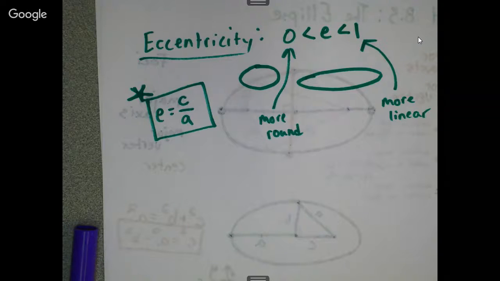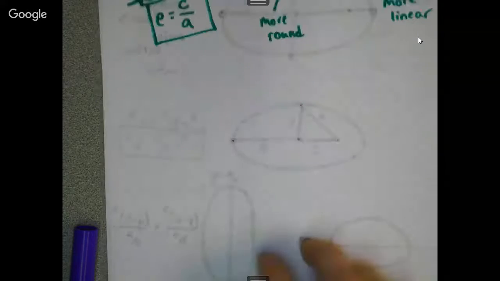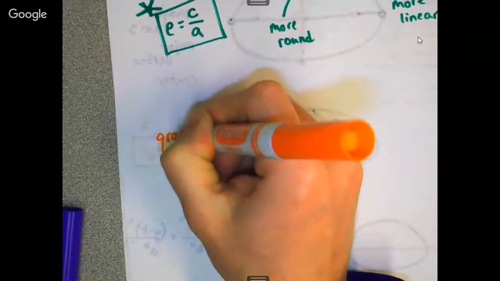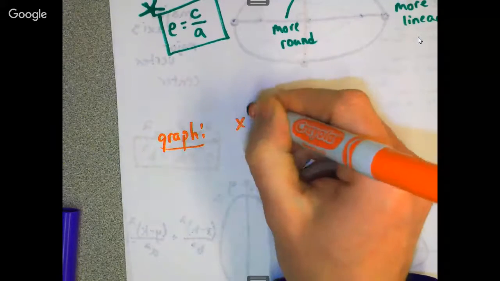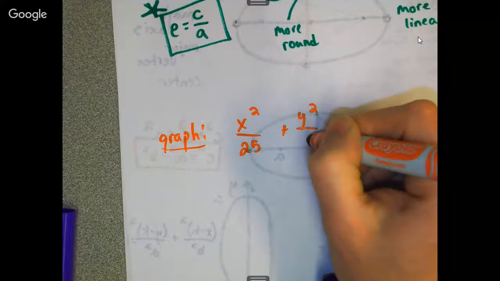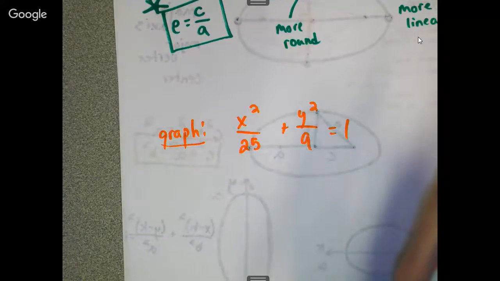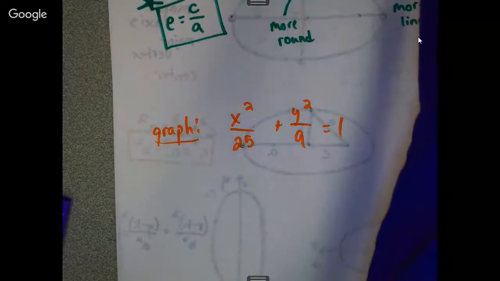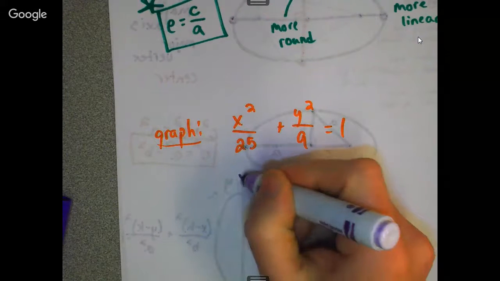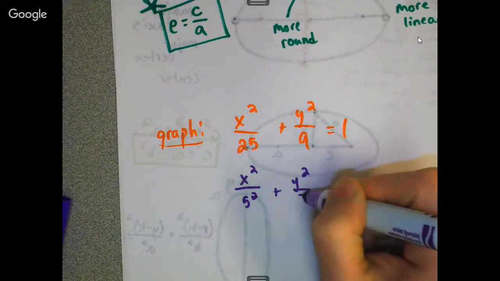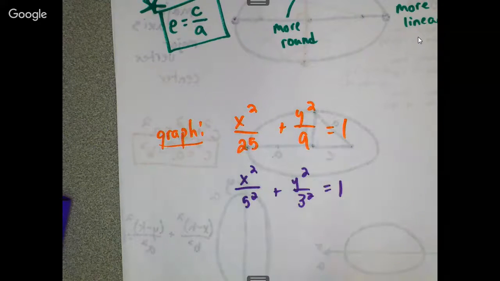So let's try a question here real quick. Okay, so I want to graph x squared over 25 plus y squared over 9 equals 1. Okay, so I need to get everything to be squared. So I'm going to rewrite this, and we will say x squared over 5 squared plus y squared over 3 squared equals 1.